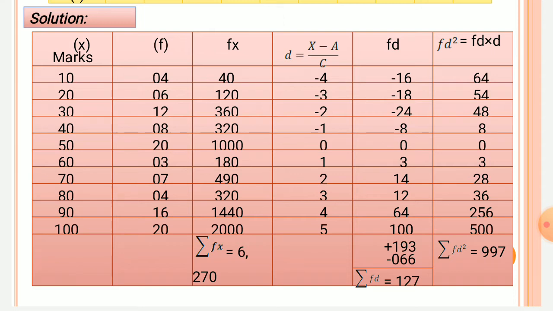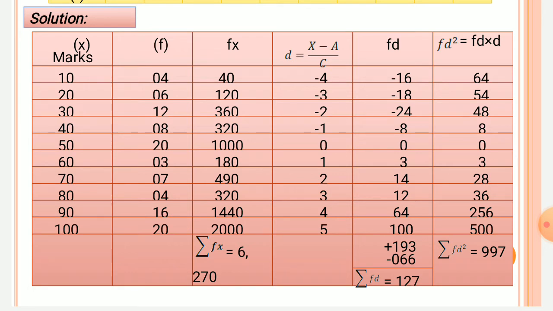And then fd into d, fd square: minus 4 into minus 16 is 64, minus 3 into minus 18 is 54, minus 2 into minus 24 is 48, minus 1 into minus 8 is 8, 0 into 0 is 0, 1 into 3 is 3. So likewise we go on calculating fd square.